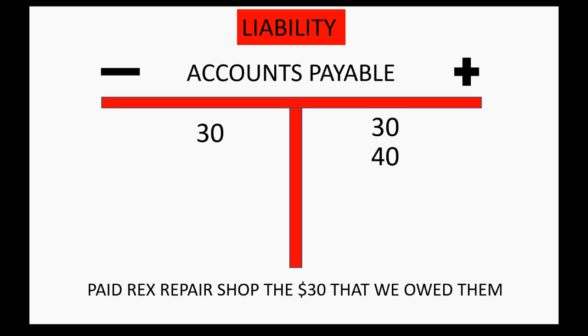The other account involved would be a credit, usually cash, if we're paying off some of our vendors. So that's the way accounts payable would behave in the general ledger when you record your debits and credits.